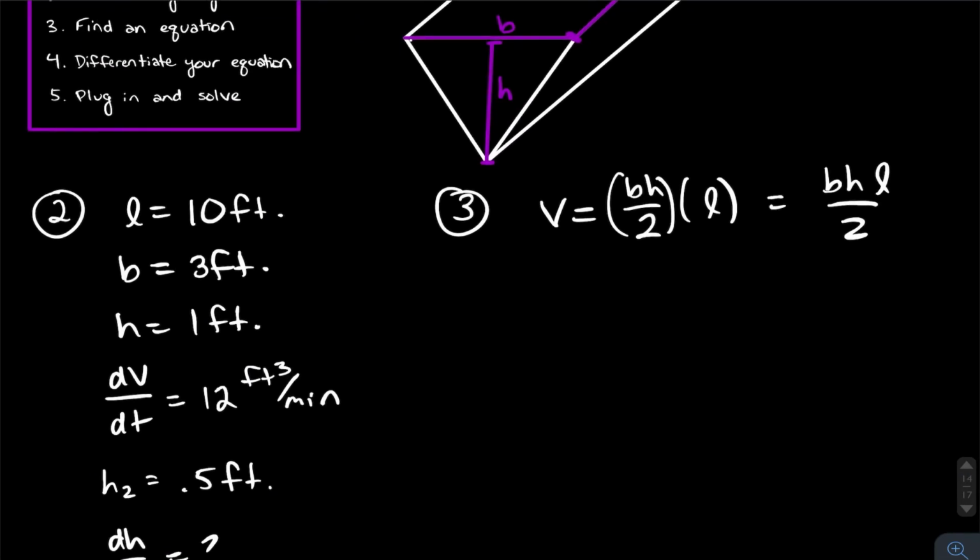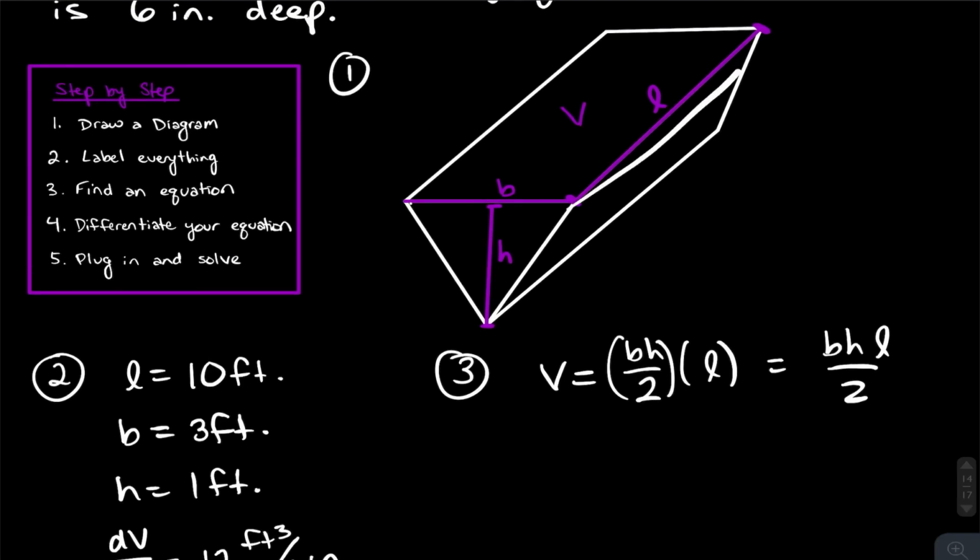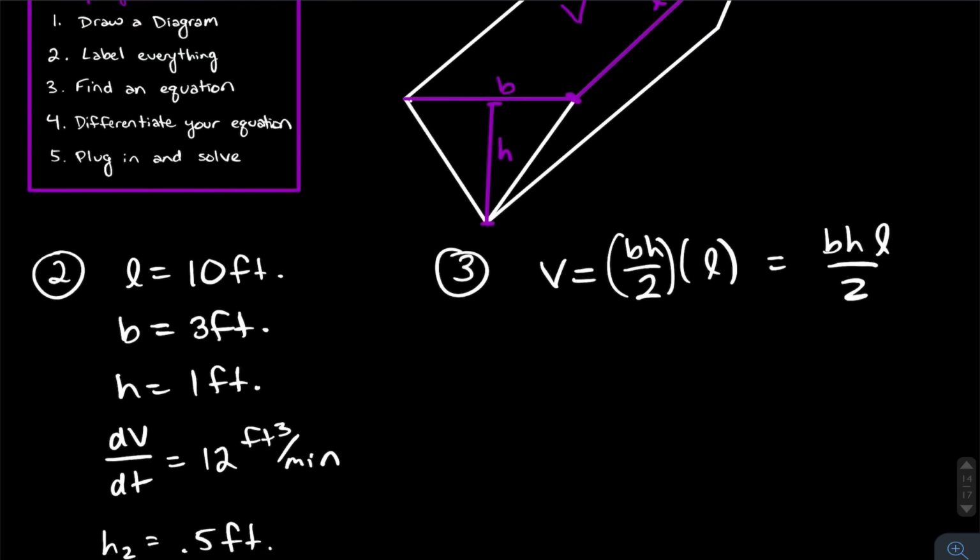Just as in this problem, this base is changing as we go up, so we have to put that in terms of H. We don't have to do the same thing for the length, because the length is constant the entire time. No matter where you are in this tank, you can agree that the tank is 10 meters long. But you won't be able to agree that the base is 3 feet if you're sitting right here. Then you'd say the base is like 1 foot.